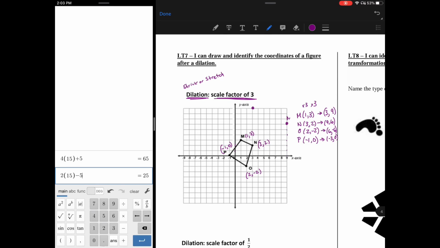That will be my new point N. Point O is going to be at 6, negative 6. And my new point P will be at negative 3, 0. So what I've done is stretch my figure.